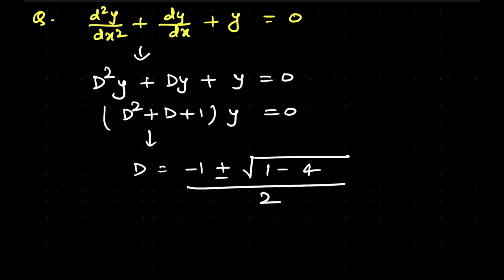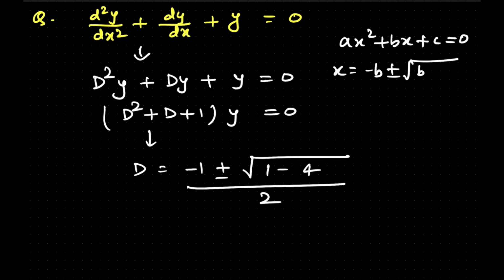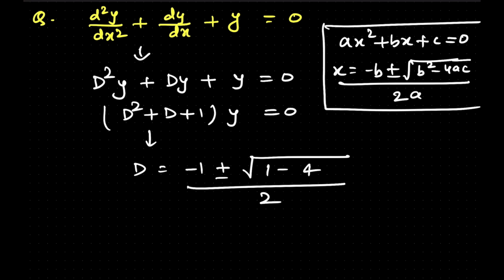This is a simple formula that I have used: for ax square plus bx plus c equal to 0, we know that the roots are minus b plus minus root b square minus 4ac divided by 2a. This is not a new thing, that's why I have not discussed it in detail. So I have applied this formula, and what roots do I get? Minus 1 plus minus root 3 i, where i is the imaginary unit, we are in complex numbers, divided by 2.